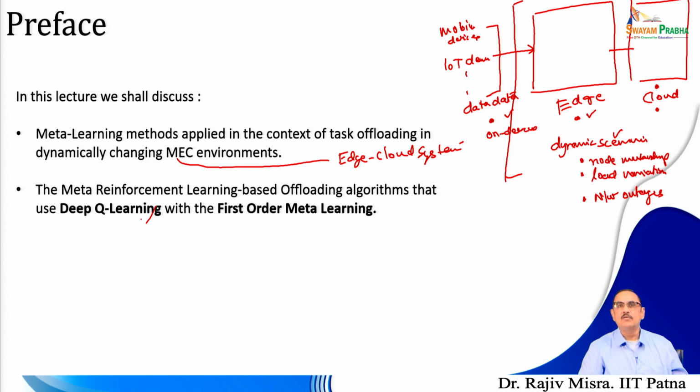So, this will become quite a dynamic scenario and also the data which is coming from here. Now, the thing is, how are we going to understand or train the model for task offloading?